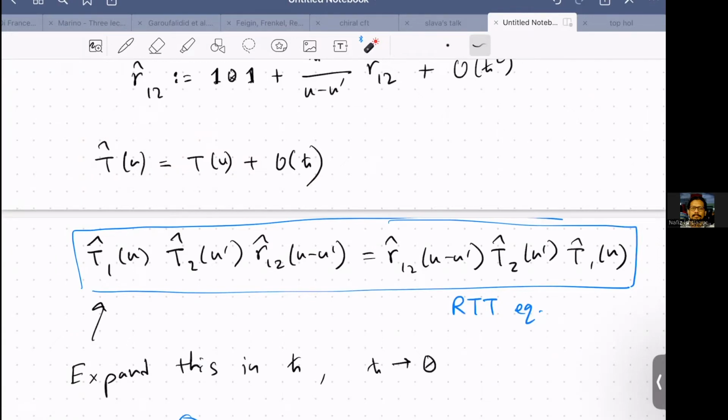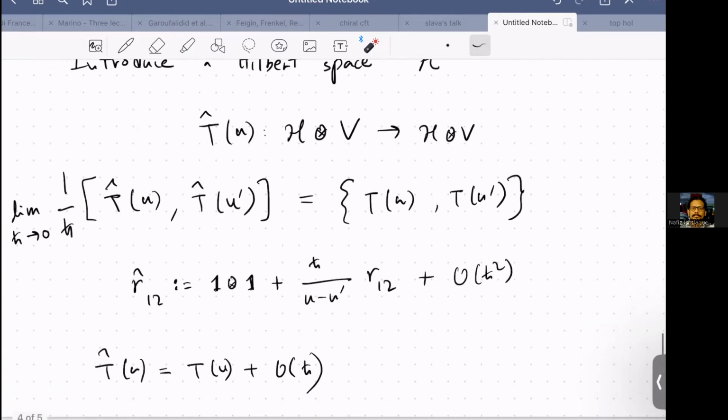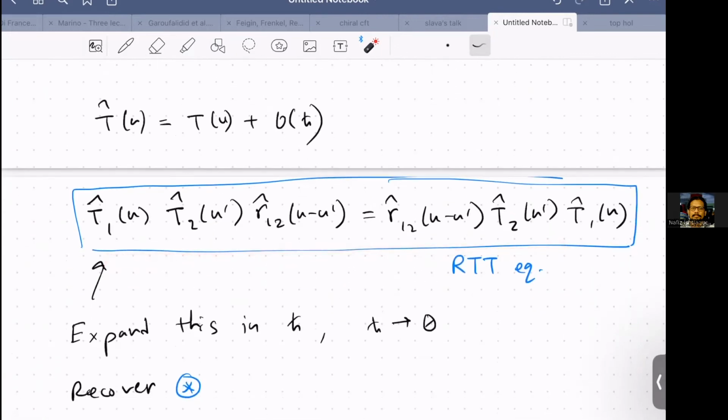Then we said, if we can find such expressions that satisfy this equation, then that's the same as quantizing this equation, because by expanding this in h bar and taking the limit that h bar goes to 0, we recover the original classical equation. So this is going to be our definition of an integrable quantum field theory, that you can find these matrices written in terms of the fields of your theory that satisfy this equation. Okay.